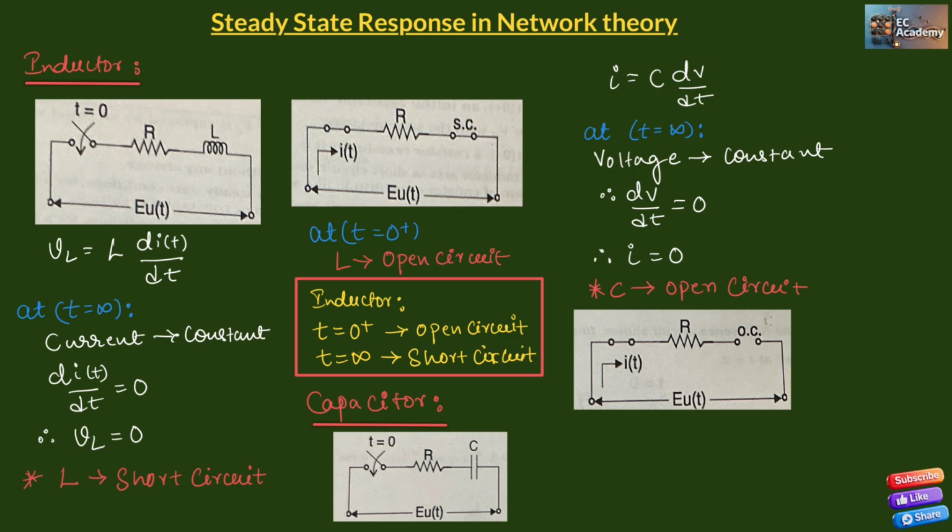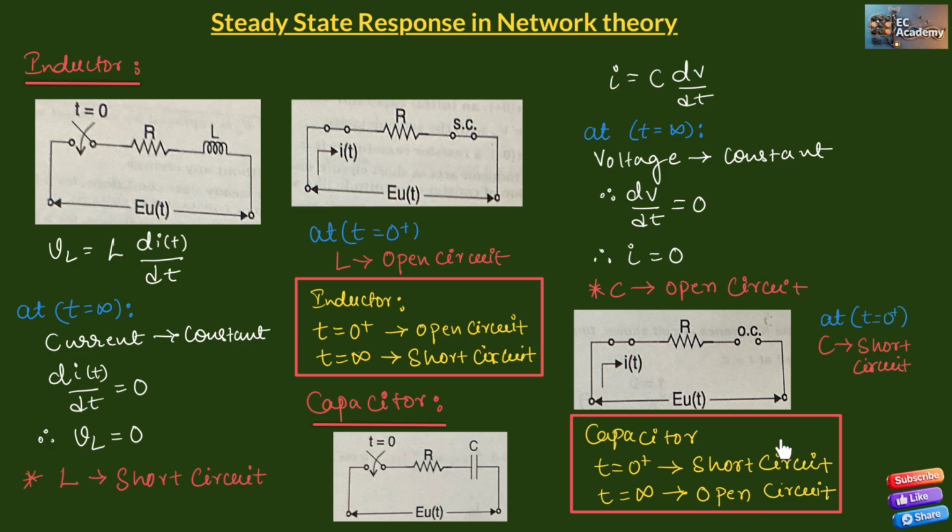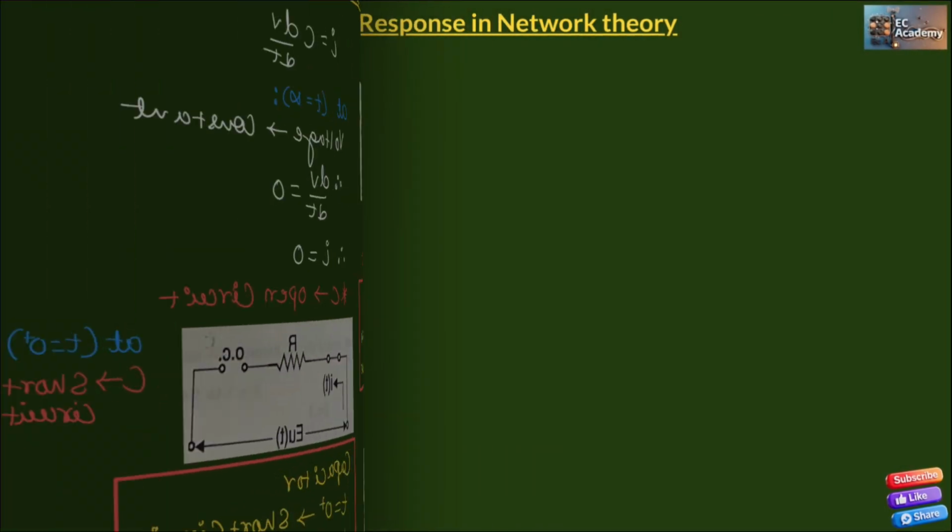At initial condition, if you can remember, the capacitor is a short circuit. So, finally, we can say for a capacitor at initial condition, it will act as a short circuit, and at steady state, it will act as open circuit. This is very important concept for solving the problem. Now let us understand some important points which are very important for exam.